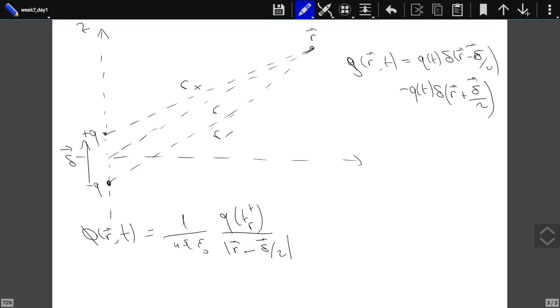This is the distance from the plus q charge, minus 1 over 4 pi epsilon 0 q of t_r minus divided by the magnitude of r plus delta over 2.